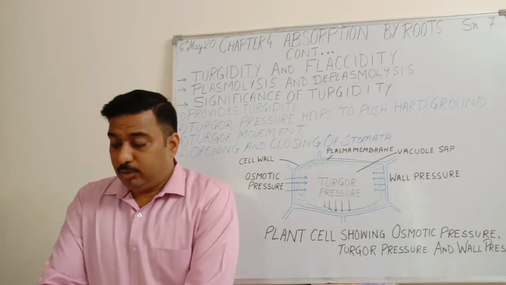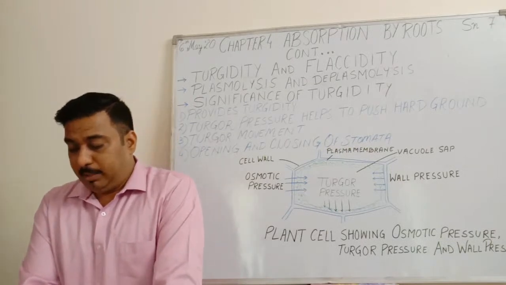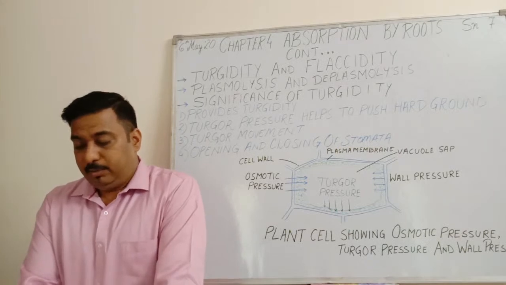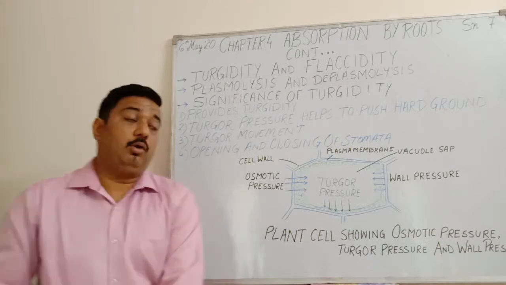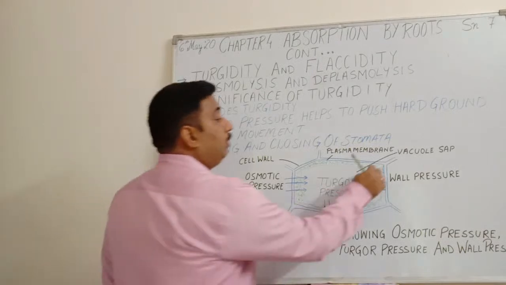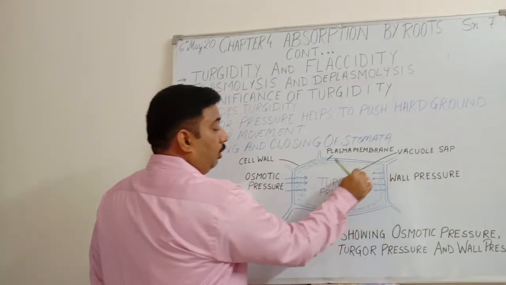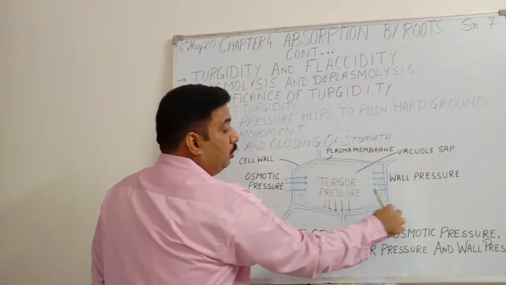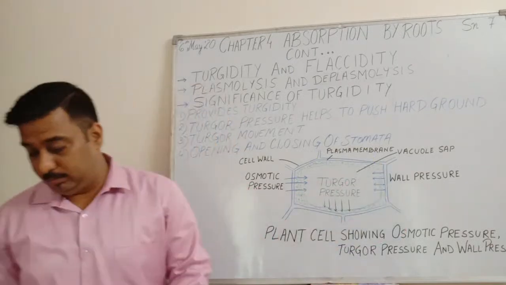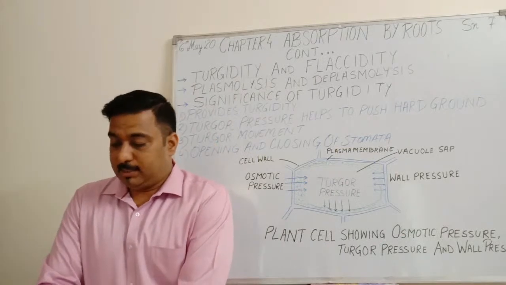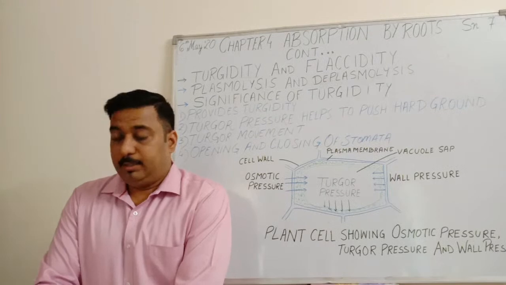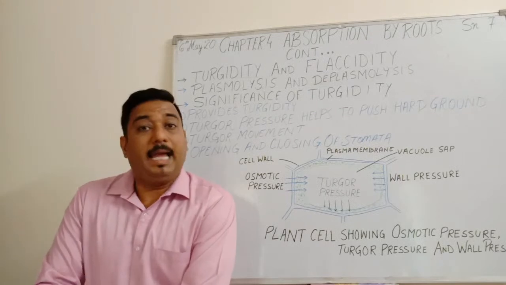The plasma membrane will withdraw from the cell wall, along with the cellular components, to a corner, whereas there will be no effect on the cell wall.